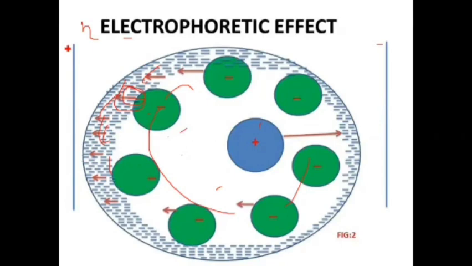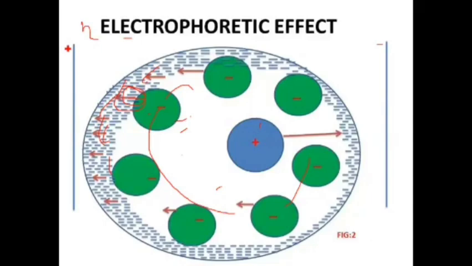So these two effects, asymmetric effect and electrophoretic effect, cause low conductivity at a high concentration. Here what happened? The speed of the ions becomes very slow.